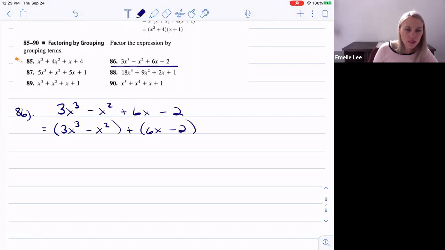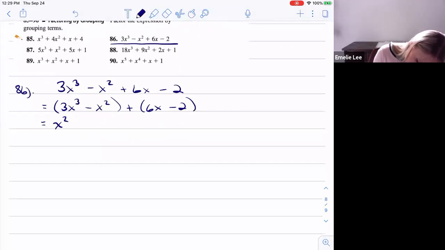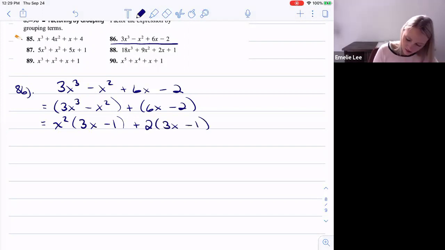So what's going to happen here is I'm going to see what I can pull out from each of these. Here I pull out x squared and I end up with 3x minus 1, plus, from 6x minus 2, I can really only pull out 2, right? 2 times 3x minus 1.